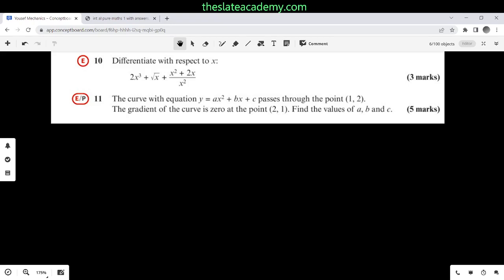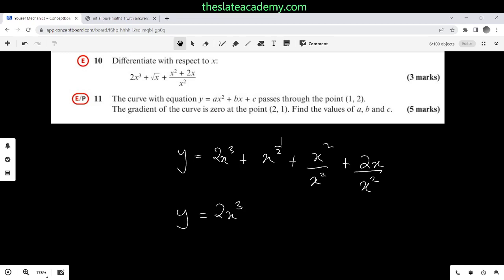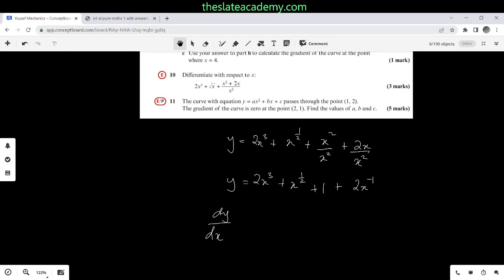Differentiation with respect to x. Okay, x squared minus x squared, that would cancel out, and plus 2x minus 2x to the power of 1 plus 2.